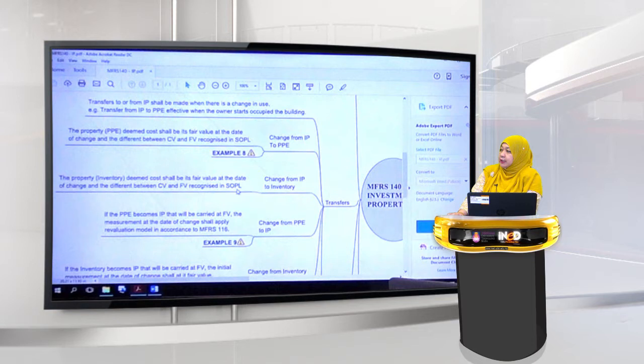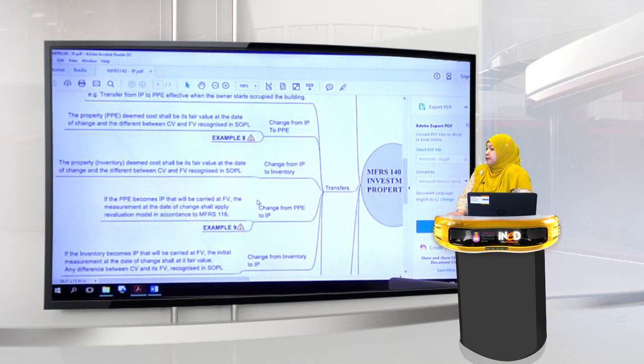So you find that if your investment property changes status from IP to become either PPE or inventory, the treatment would be the same.